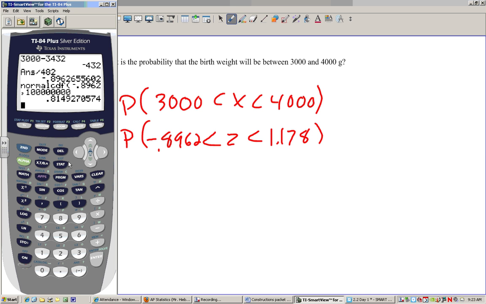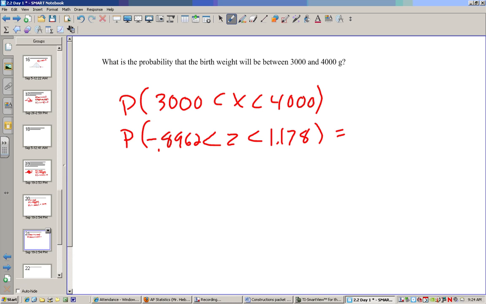So I can just go to my calculator, do a normal CDF of negative 0.8962 until 1.178. That's 0.6955.